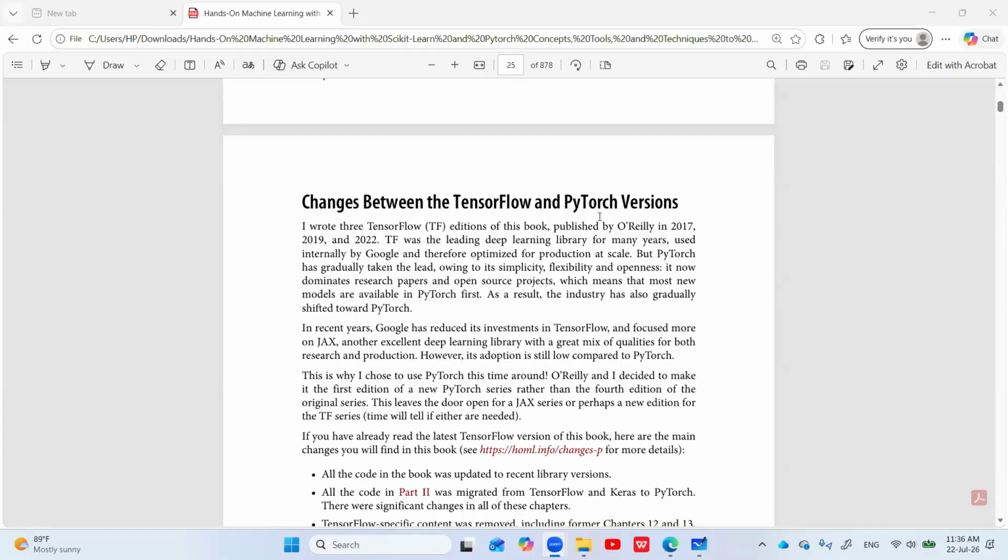PyTorch is pretty flexible compared to TensorFlow, and many more researchers use it. That is the difference here, because all the things we are discussing here, we can implement using TensorFlow as well. TensorFlow and PyTorch are two tools which are built on Python.